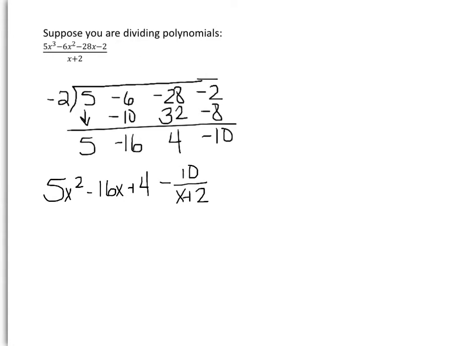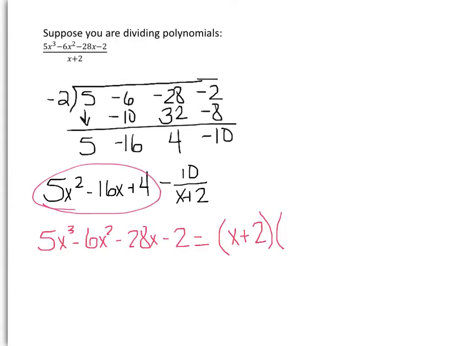We've got something called the remainder theorem, and we can actually rewrite this as 5x cubed minus 6x squared minus 28x minus 2, that's our original, is equal to x plus 2 times 5x squared minus 16x plus 4 plus a -10, because there's that minus sign.